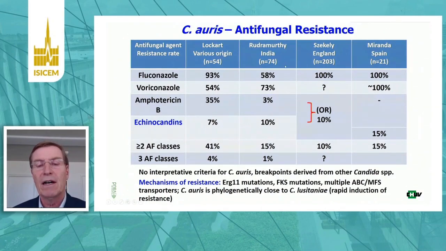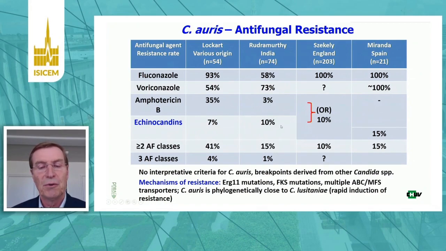Here you have 4 studies from North America, from India, England, and Spain. You see across the board that the resistance rate to fluconazole and voriconazole is quite high. Resistance rate to amphotericin B varies. It's 35% in the US article, and it was 3% in India.